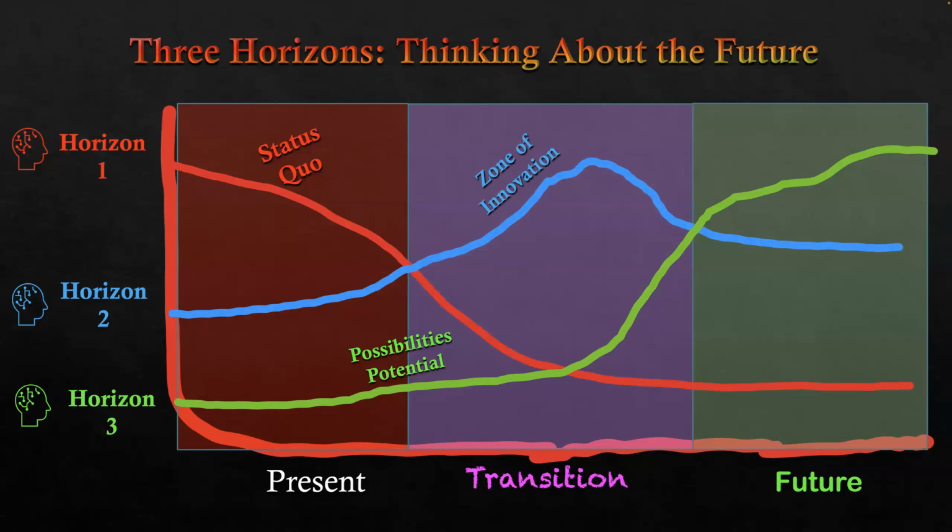But over time, the innovation begins to allow for the manifestation of Horizon 3, and then the present status quo actually gets mitigated. It gets changed.